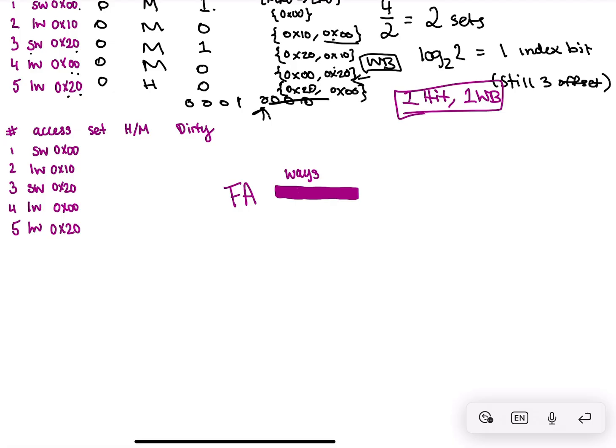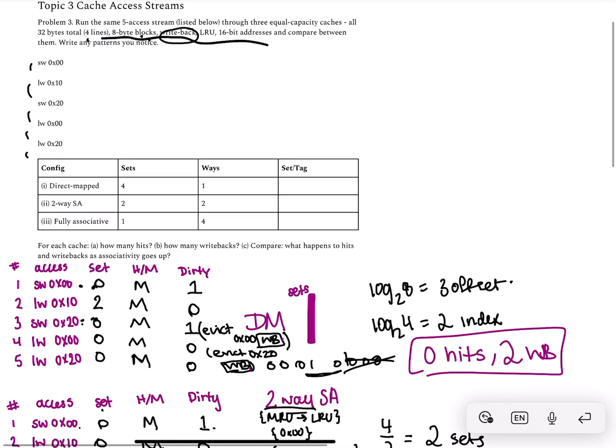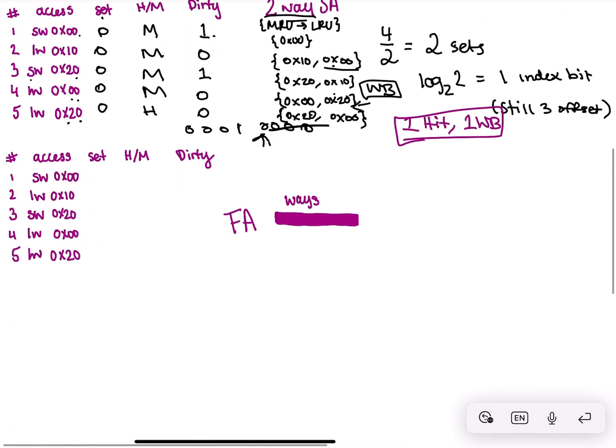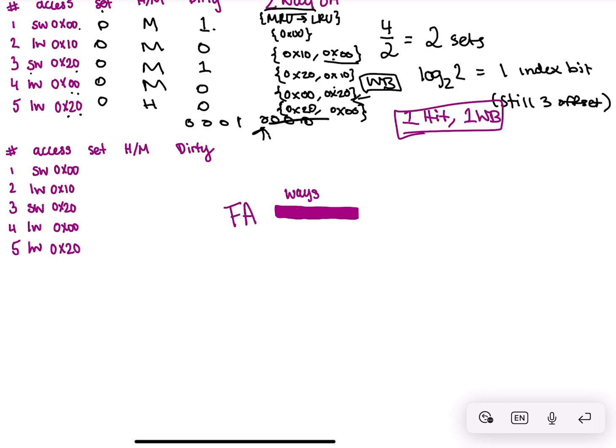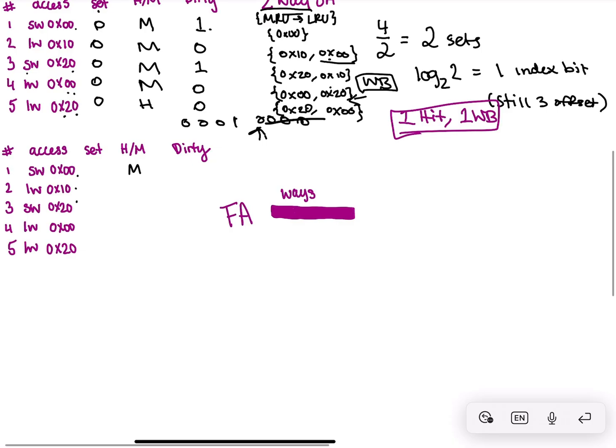Last problem is fully associative. So we have 4 ways available right here. So there's no need to calculate a set here. We're just going to skip that and go in with our hit and miss. For these first 3, they're the first ones in there, so we're going to miss for all of them. And because we're storing word here, we have a dirty and a dirty, marking those as dirty.